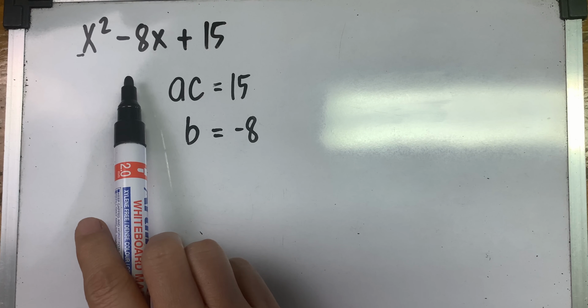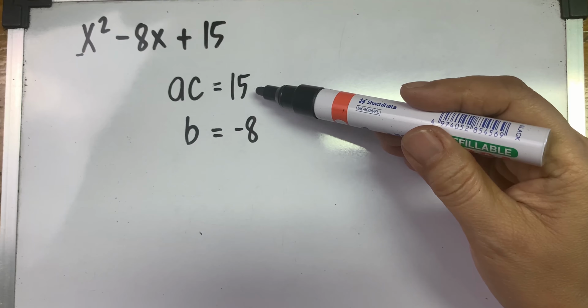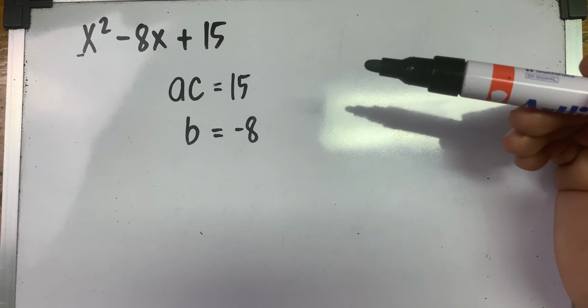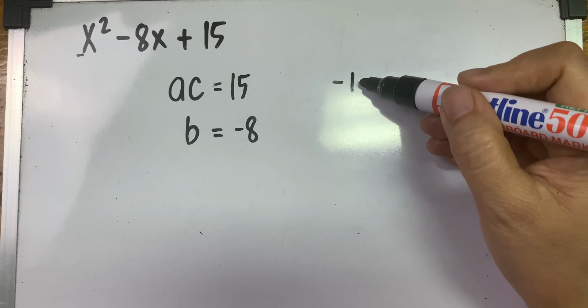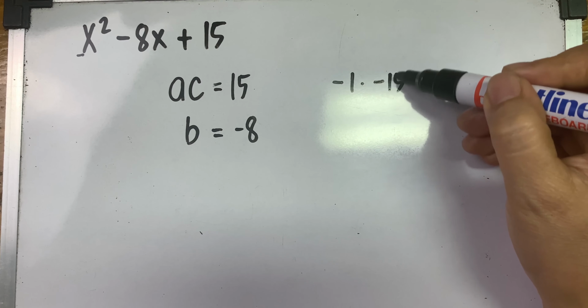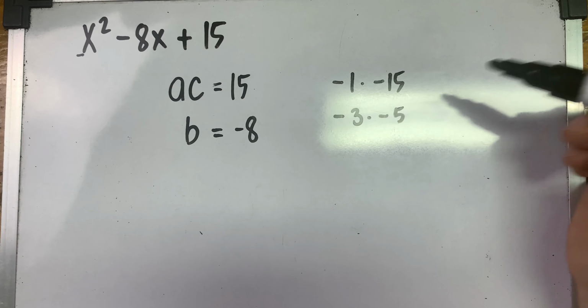So, therefore, ang hinahanap natin ay dalawang number na negative. Hanapin natin ang factors ng 15 na both negative. So, ang factors ng 15 is negative 1 times negative 15. Negative 3 times negative 5.